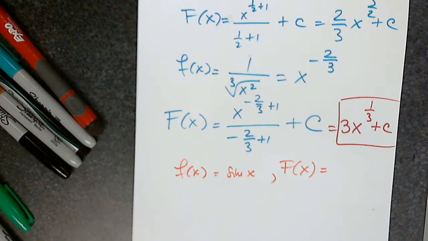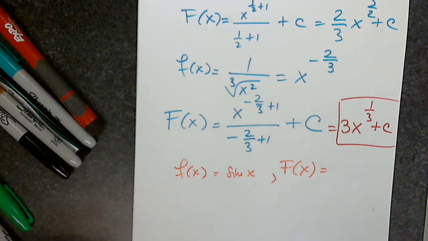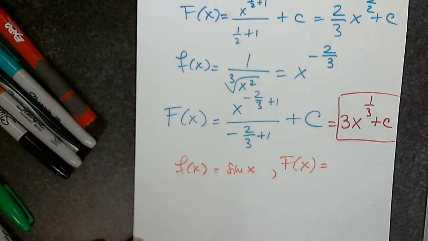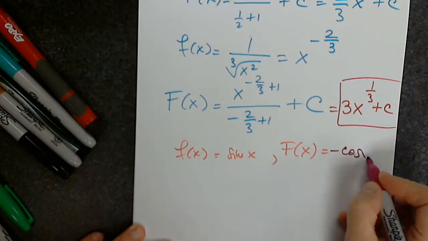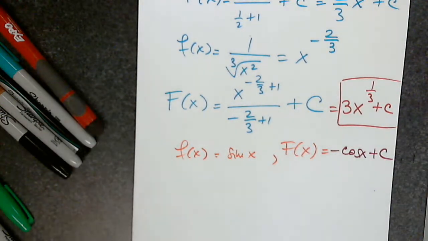So which function, differentiated, will be sine x? Say it again. Negative cosine. Negative cosine x plus a constant c. Cosine x prime will be negative sine, and the negative in front will give us sine. Very good.